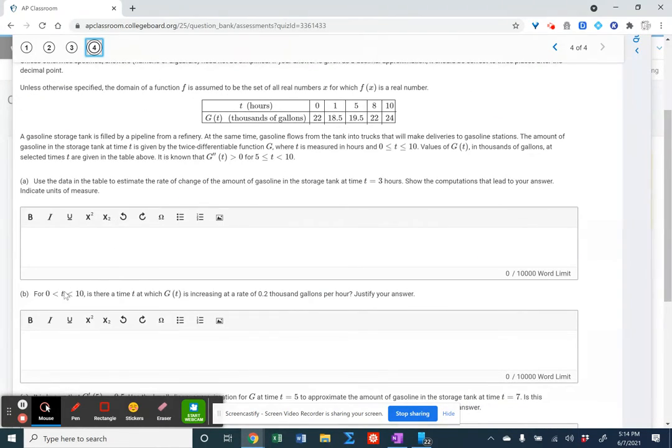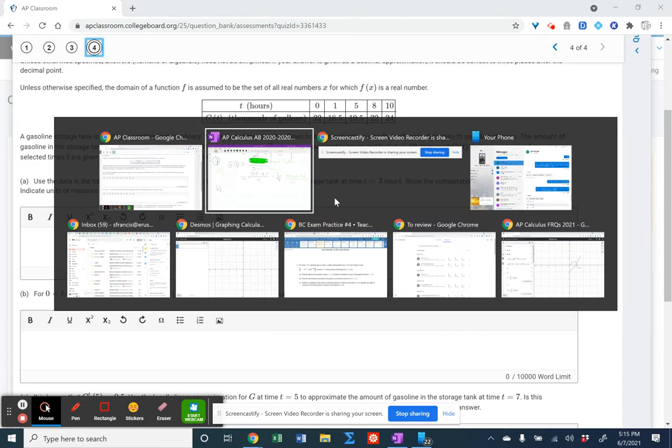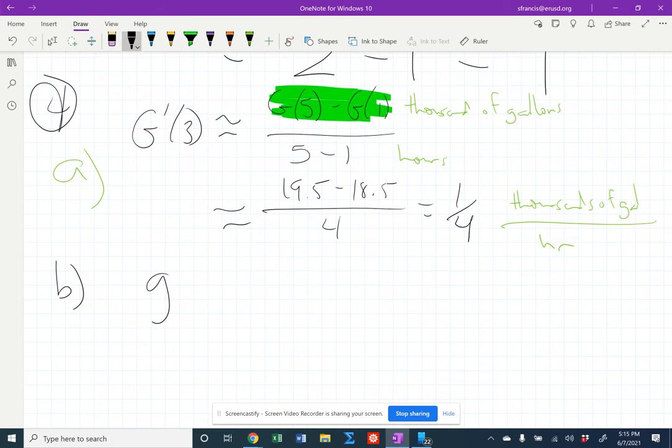From 0 to 10, exclusive, is there some time t where g of t is increasing at a rate of 0.2 thousand gallons per hour? When they give you an interval like this, start with those values, just to see if you can get the average rate of change, the value they're looking for.